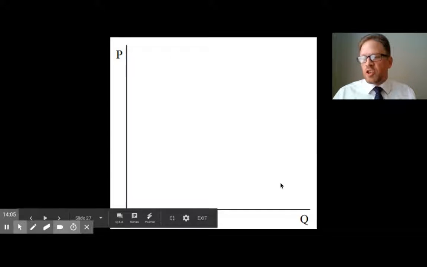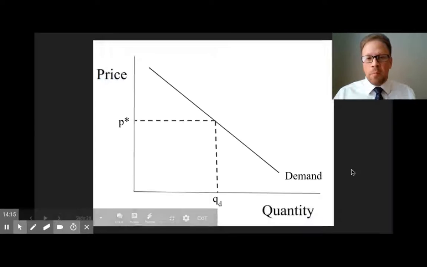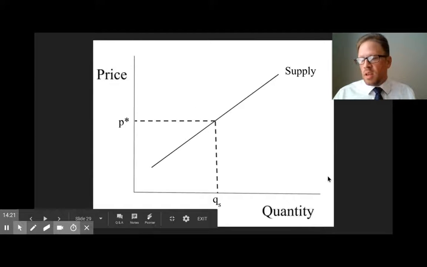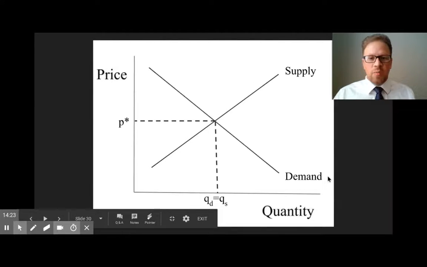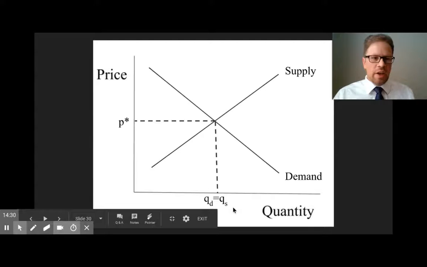Now, the intersection point of supply and demand denotes the equilibrium price and the equilibrium quantity. So equilibrium price is the price where the quantity demanded equals the quantity supplied. At this point, the quantity demanded and quantity supplied are the same.